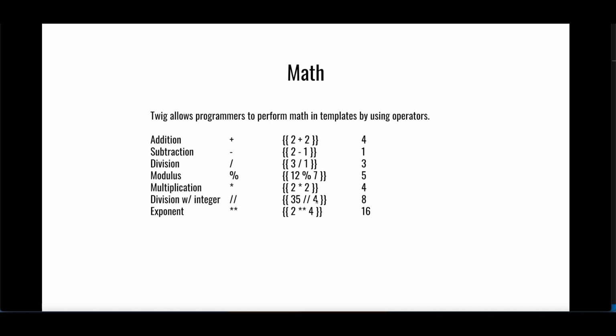The ceiling integer would be 9, because 35 divided by 4 is actually closer to 9 than it is to 8. So just keep that in mind when you're using it. Also, something really interesting, it can also do exponents. So 2 to the power of 4 is 16. You would use the double asterisk to do that.